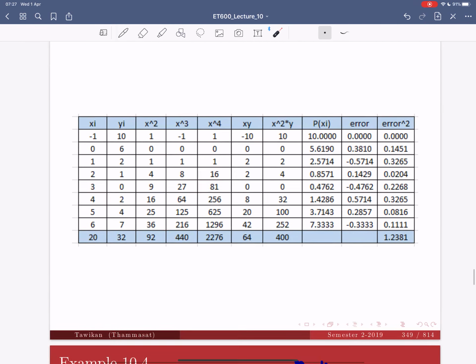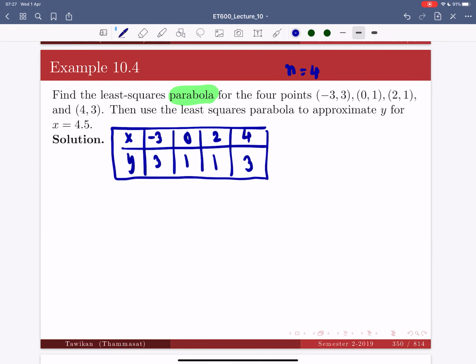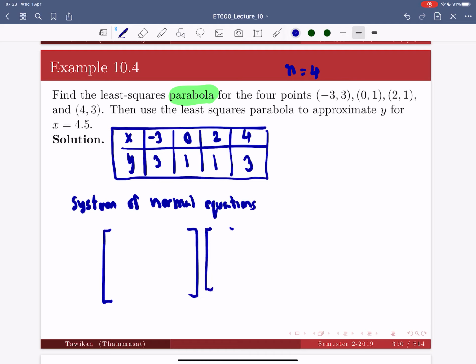You still remember the coefficient matrix? I can write that down for you. System of normal equations. The coefficient matrix will be of the size 3 by 3, and the variables that we are finding are a, b, and c.